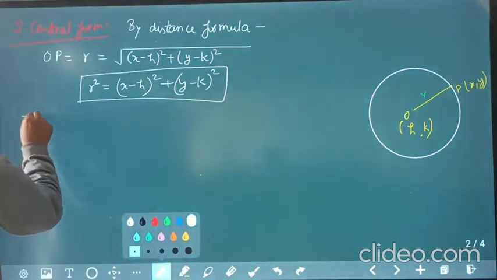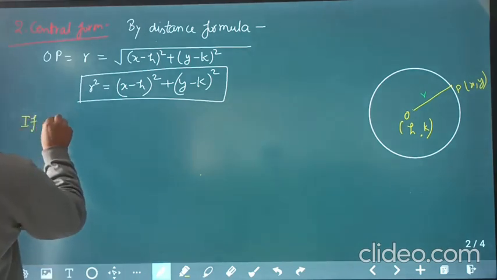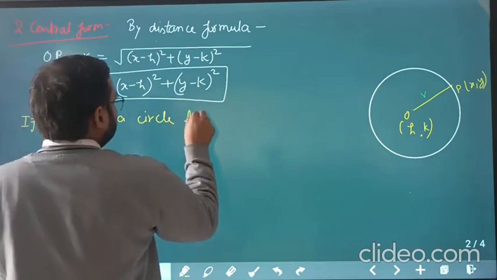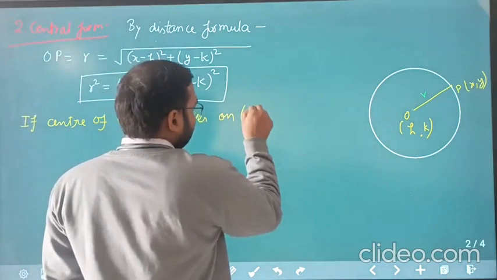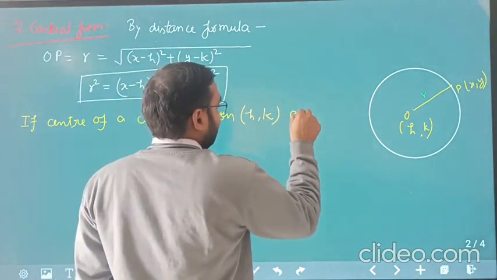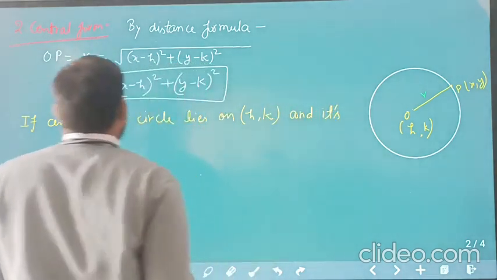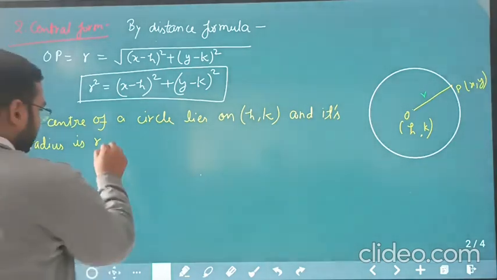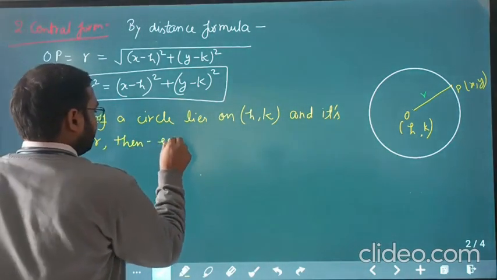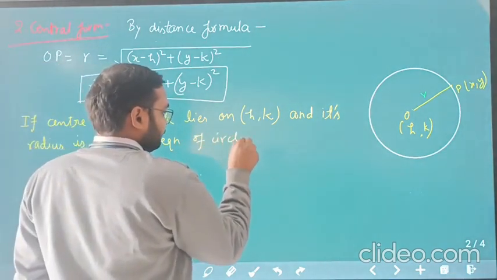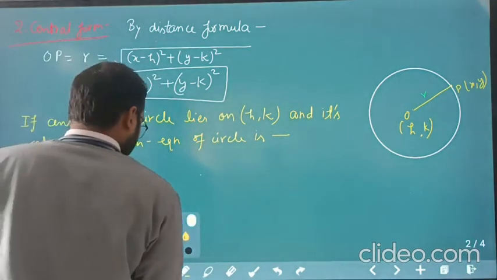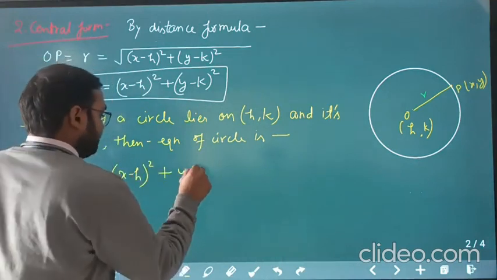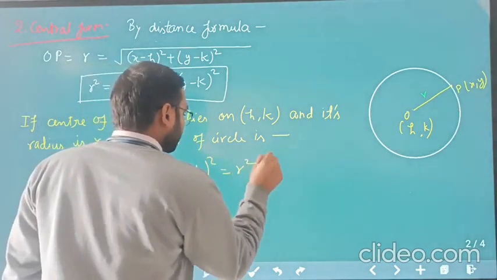So we can write in a statement: if the center of a circle lies at h, k and its radius is r, then the equation of the circle is x minus h whole square plus y minus k whole square is equal to r square.